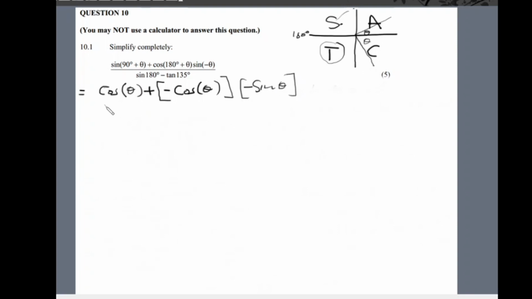And then in the denominator we have to reduce this using special angles. 180 is a special angle.